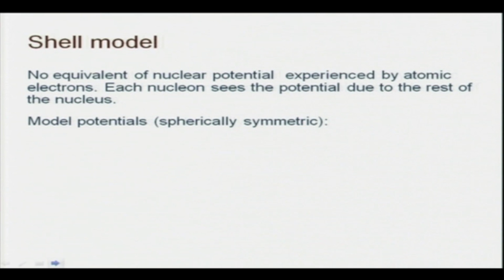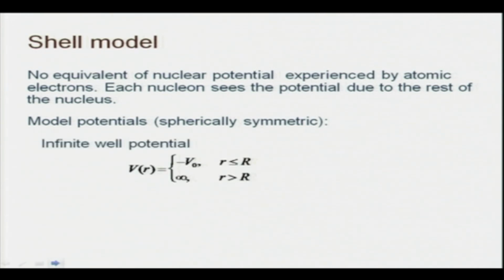There is a strong interaction potential, an effective potential that a particular nucleon experiences due to the rest of them. Now, you have to model this. The potential is taken to be spherically symmetric in the case of the shell model.